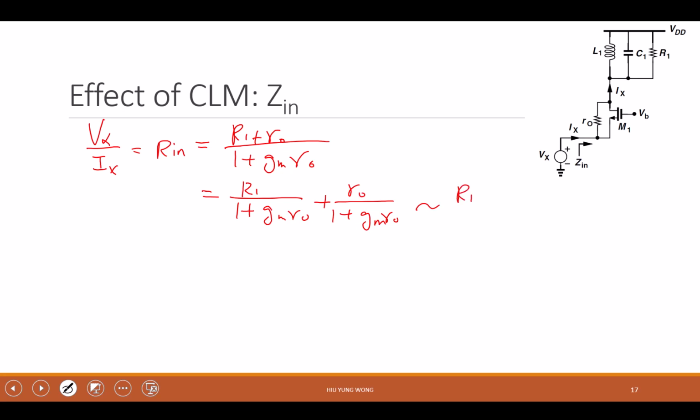So this is R1 divided by GMR0 plus 1 over GM, right? As GMR0 is much larger than 1, this means that it is larger than 1 over GM. It just says that if you have channel length modulation, the effective input impedance is larger than 1 over GM. Make sense?